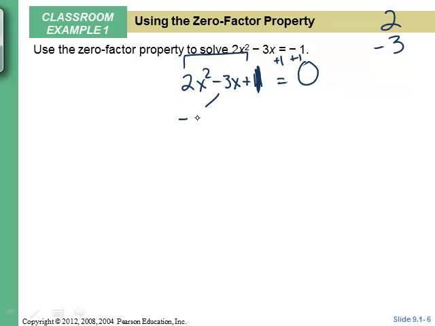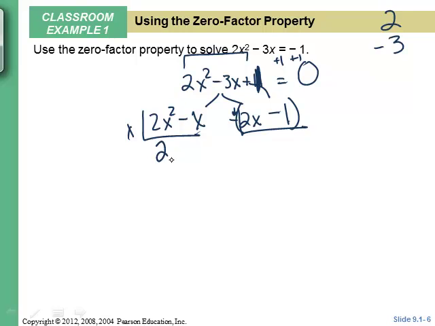Negative x and negative 2x. So now we can factor these two. Take an x out of the first ones, we're left with 2x minus 1. Take a negative 1 out of the second ones, we're left with 2x minus 1.